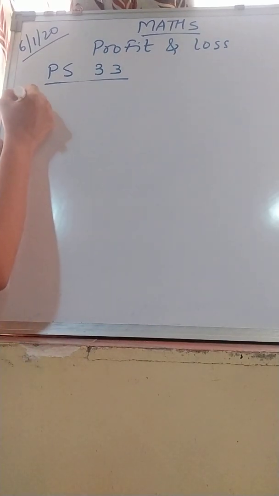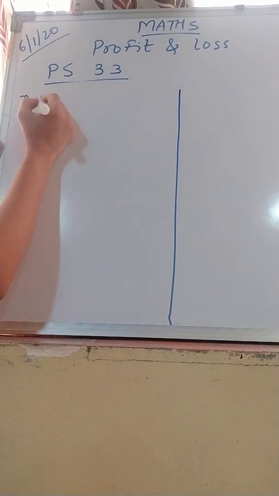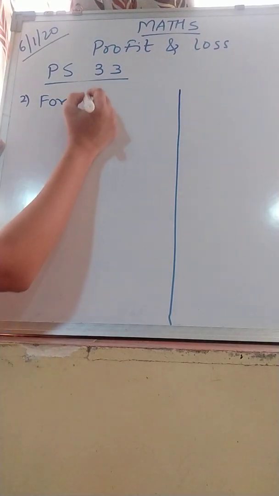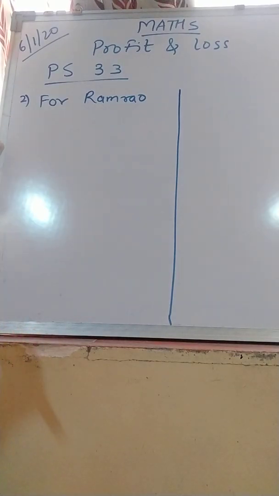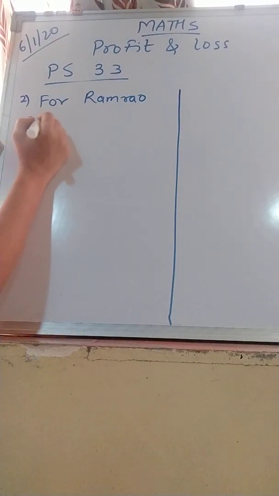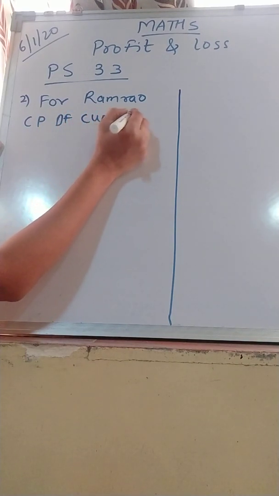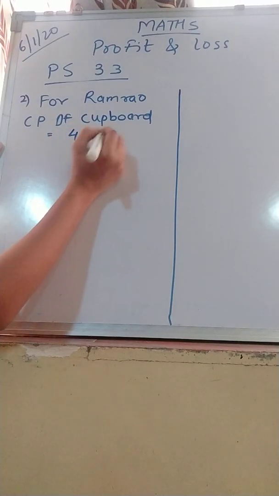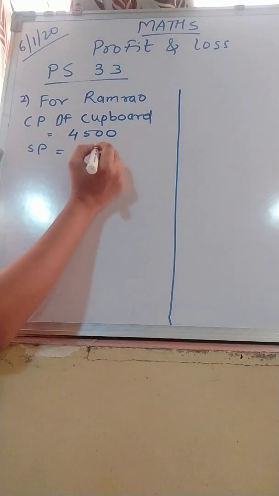In this case also, we have to make a column here, and for first one, who? Ramrao. Right? What he bought? Cupboard. So, CP of cupboard, what is that? 4,500. And SP 4,950.